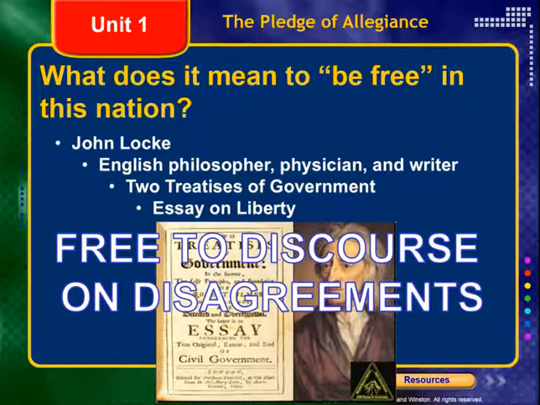And his conclusion is that it means that you must be free to discourse on disagreements. So if you have an opinion and I have an opinion, I have to, according to John Locke, to be free, in that sense of the term liberty, I have to listen to your position without bias and without prejudice, right?